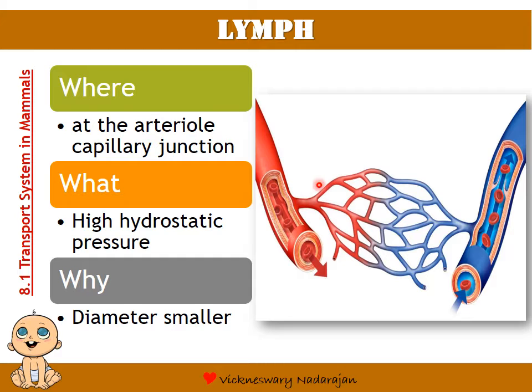So a pressure develops. It's different on this junction. At this junction, the diameter is getting bigger, so there is going to be less pressure here. So the reason why lymph forms at the arterial capillary junction is because there is a high hydrostatic pressure developing since the diameter is getting smaller.